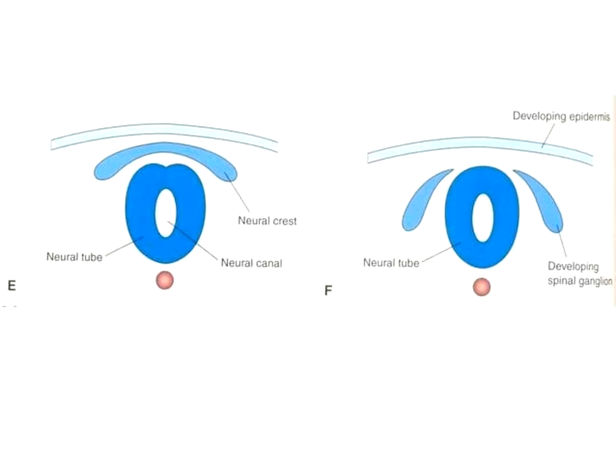Now you can see here the entire structure, this is the neural tube. The space in between is called the neural canal, and the cells which moved out by the process called delamination are known as neural crest cells, and this is the neural ectoderm.